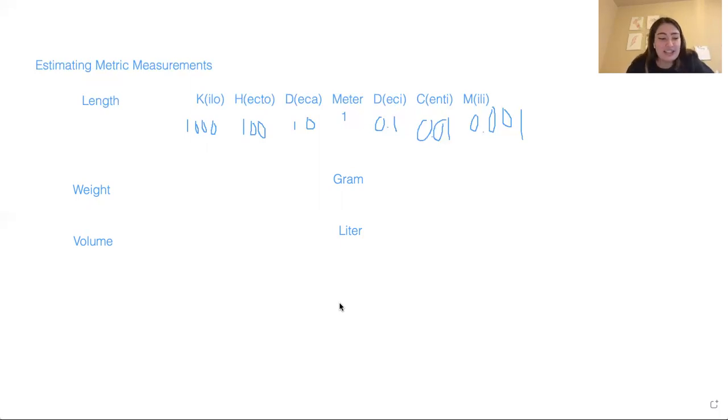And then for liters, a milliliter is about 20 drops of water. So if you put 20 drops of water in a cup, that's how much volume a milliliter would be. And a liter is about a small carton of milk. Or if you've seen the 2-liter soda bottles, half of that is 1 liter.